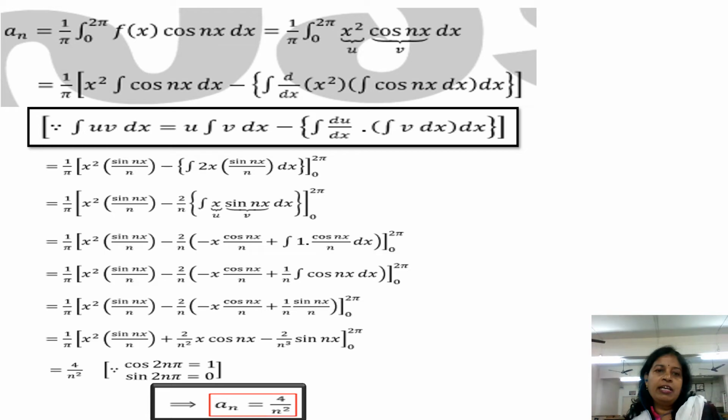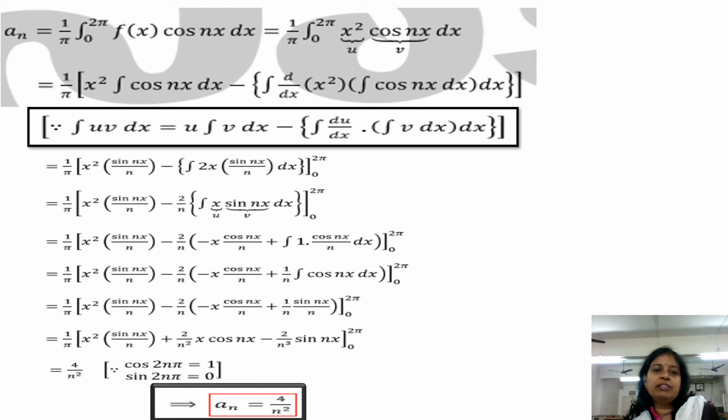Now to calculate an, you have to integrate from 0 to 2π x² cos nx dx. 1/π is in the formula, don't forget that. Now you will use the UV rule of integration, which is also called integration by parts.